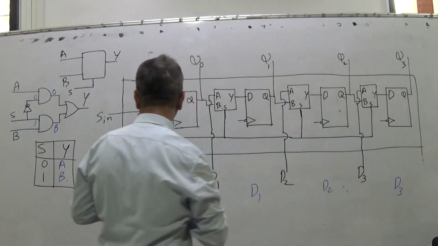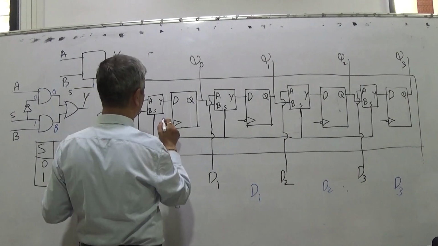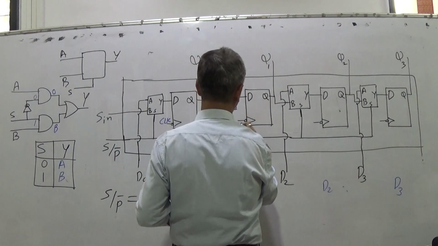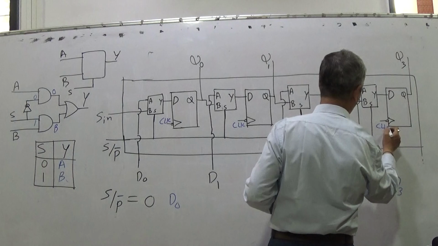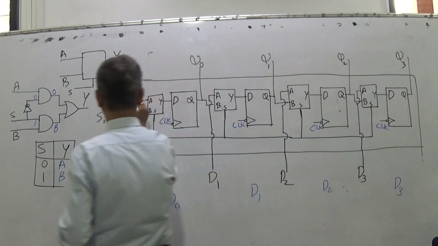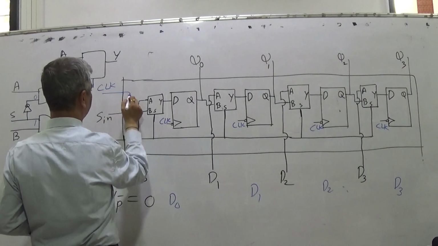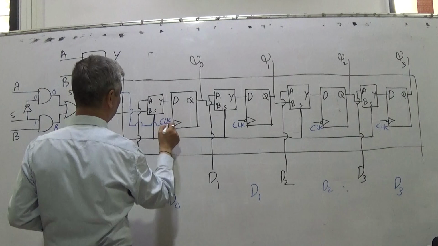And when clock comes, clock of all is made common, I am not showing it separately just to avoid bulkier connections. A separate input is there called CLK. Or if you want, I can show it, otherwise somebody will say, no sir, clock is not shown, how will the circuit work.